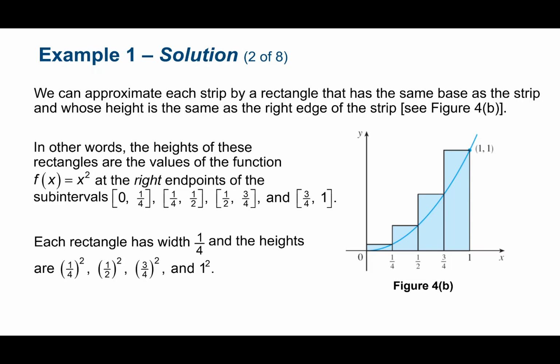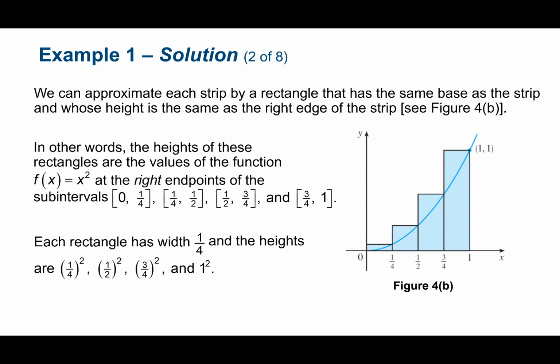So if we did 1/4 squared, because this is x squared, if we did f of 1/4, we would get the height of that rectangle. If we do f of 1/2, we'll get the height of that rectangle. If we do f of 3/4, we'll get the height of that rectangle. And then if we do f of 1, we'll get the height of that one, which we've already talked about as 1.